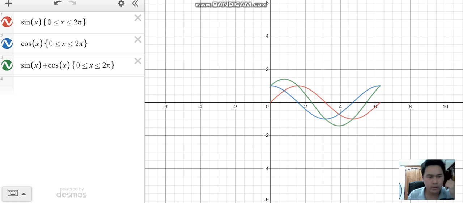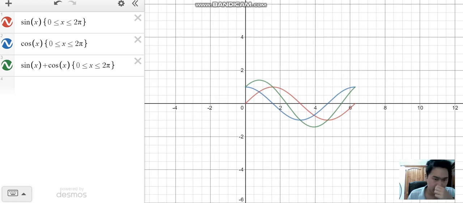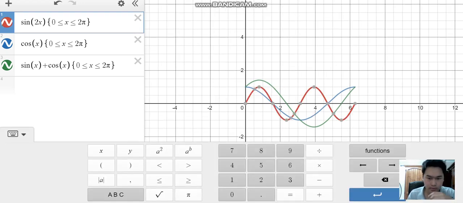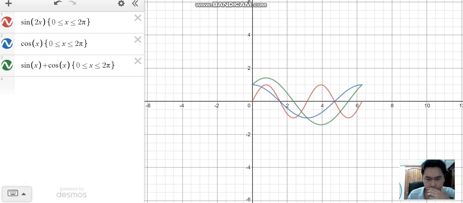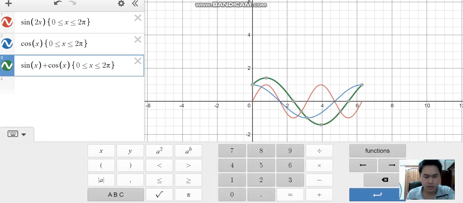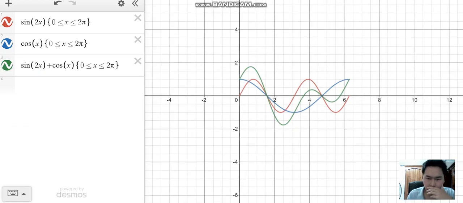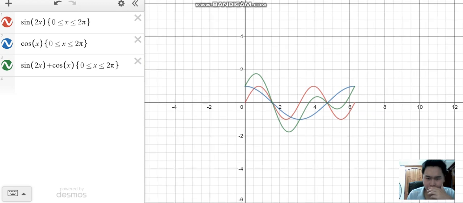In this case, these two have the same cycle, the same period. But sometimes you don't have the same period, for example, if you have sine of 2x, you have to make sure that you adjust the domain so that you have at least one cycle, one period of the other function, so that it adjusts accordingly. And you get really weird shapes like this. And yeah, that'll be all.